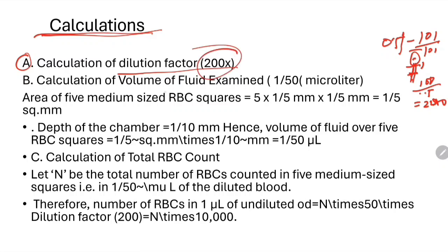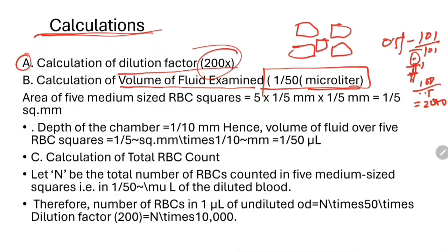Then calculation of volume of fluid examined. So how much fluid we have examined in the 5 boxes, 1, 2, 3, 4 and 5 boxes. The total volume is 1 by 50 microliter, or millimeter cube. So that is very less blood compared to 1 millimeter cube or 1 microliter.